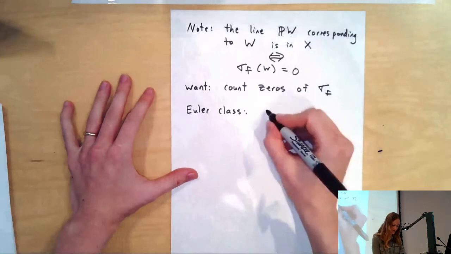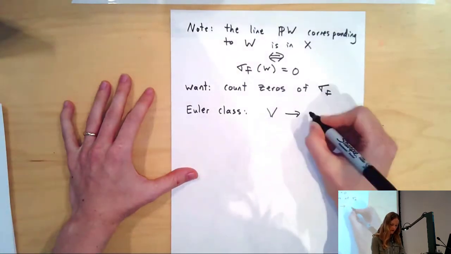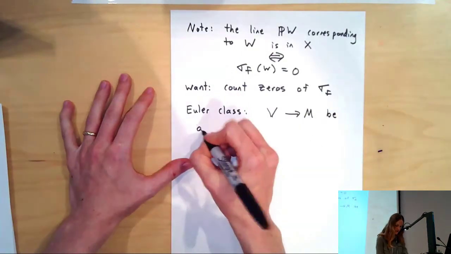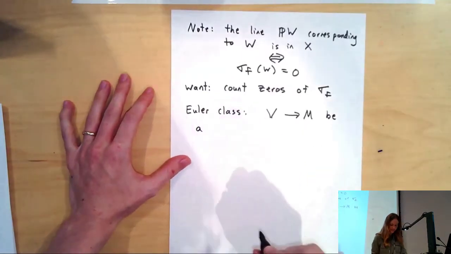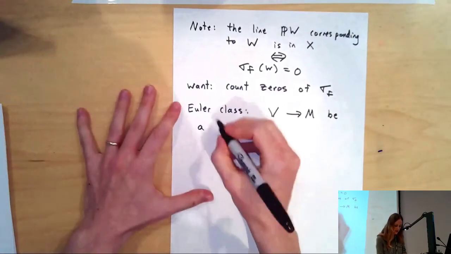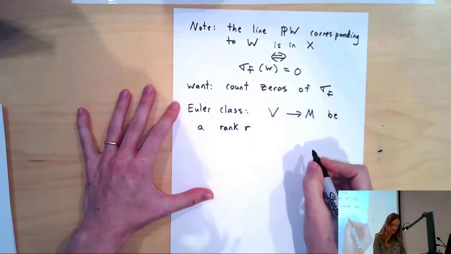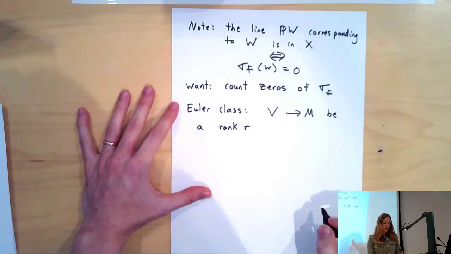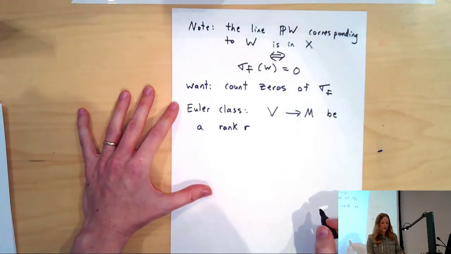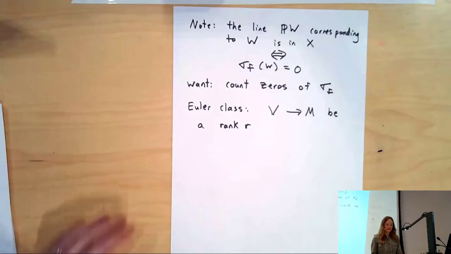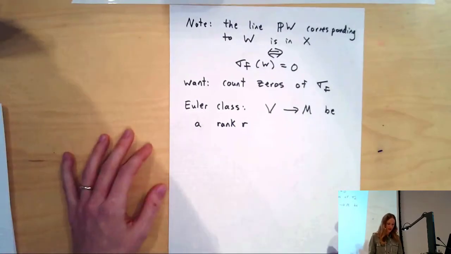So let's let V to M be a rank R vector bundle. Looking ahead to when we're not over C, let's pay a little attention to orientations. So over C, multiplication by i gives us a way to look at orientations.